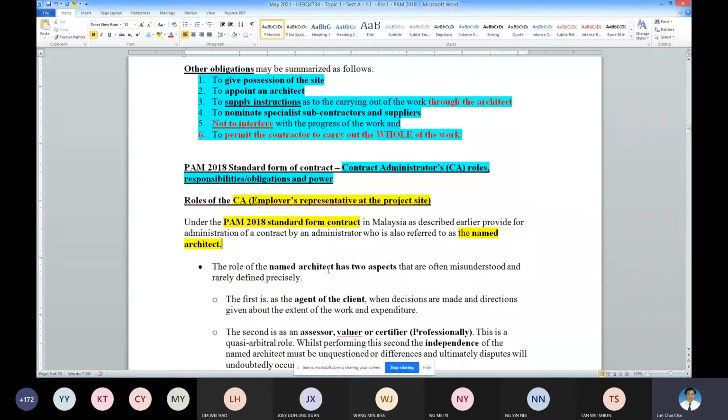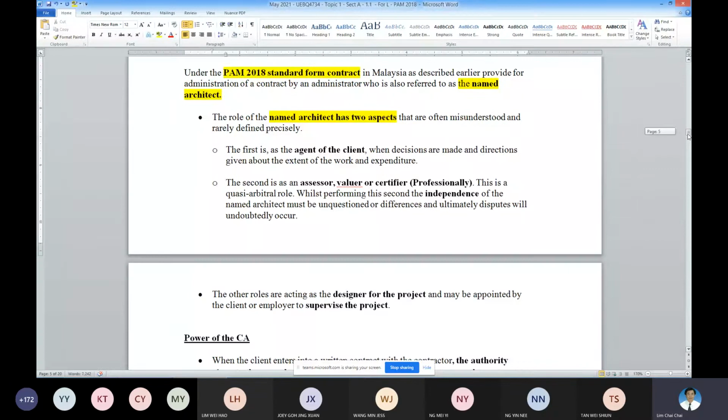So then what are the important roles that this named architect plays? Because we are now under the roles. So this architect engaged, the named architect, will have many roles to play. The first one is agent of the employer. This is the first role. I hope you understood the agent when you studied your law of contract.